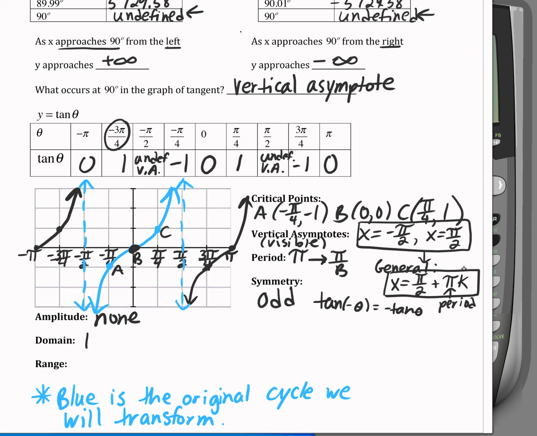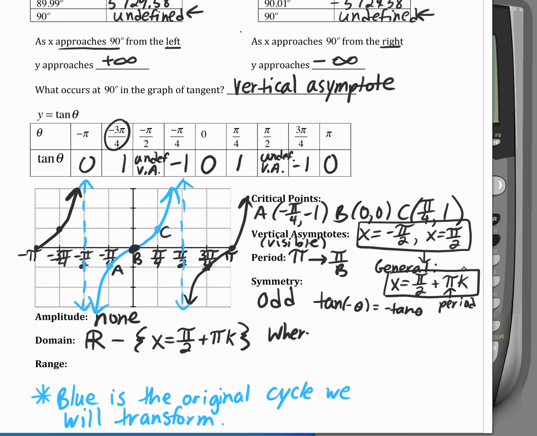In our domain, we're going to do all real numbers. Instead of doing negative infinity to infinity now, that's another option for that. It's all reals, and we're going to subtract off the set where x is equal to our vertical asymptotes, because every time we get a vertical asymptote, we have a break in the graph.